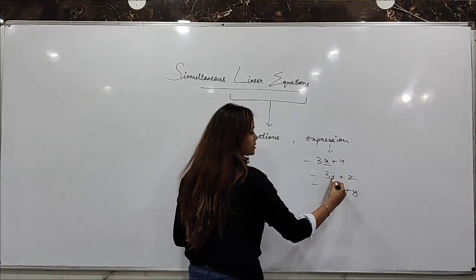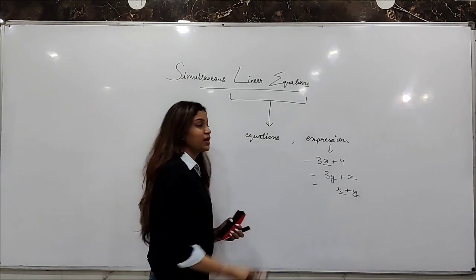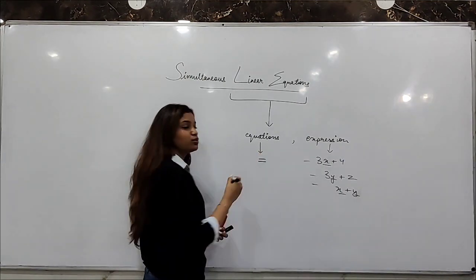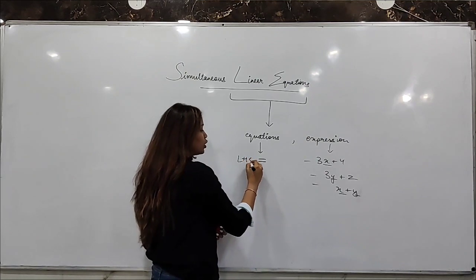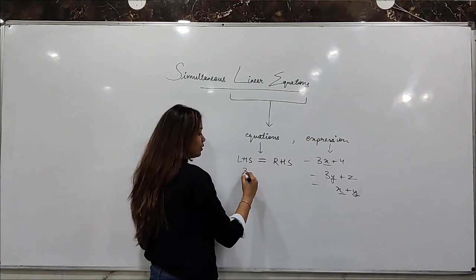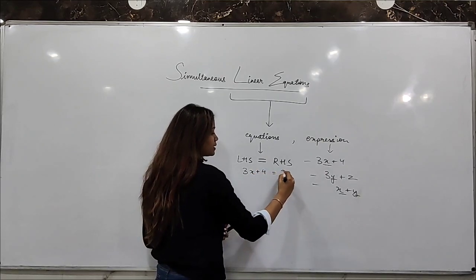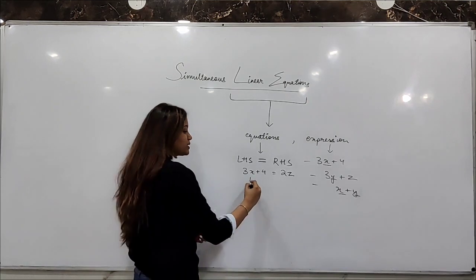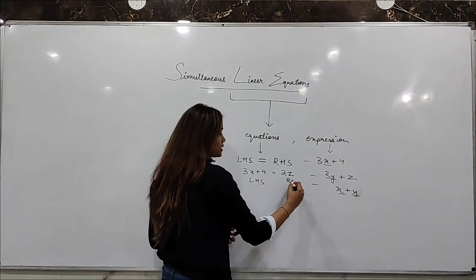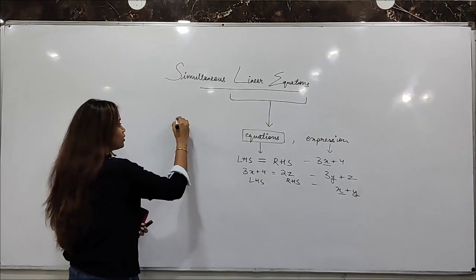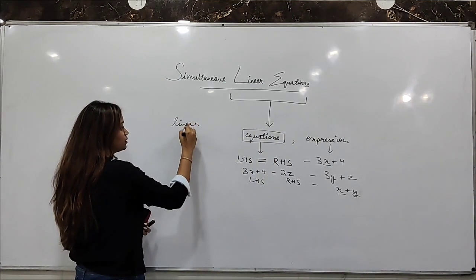Algebraic expressions because they have variables. Now as soon as it comes to equations, one equal to sign is supposed to be there which divides it into LHS and RHS. For example, 3x plus 4 is equal to 2z. Right? तो हमारे पास एक LHS है, हमारे पास एक RHS है. It became an equation. Coming to what do we mean by linear?